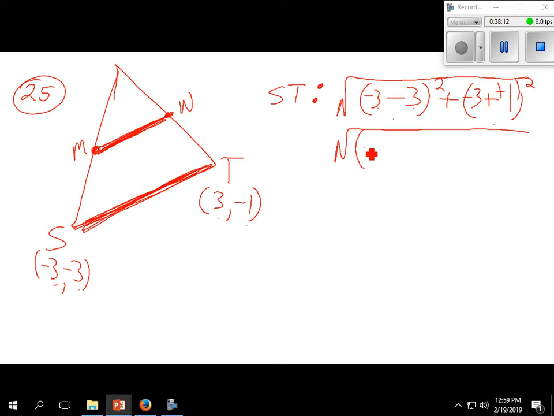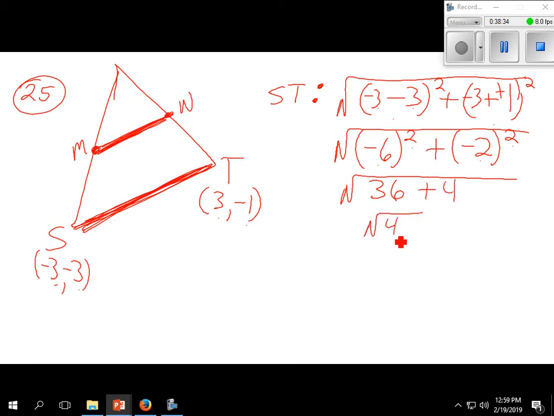-3 minus 3 is -6. And this is the work you should show me. When it says show your work, -3 plus 1 is -2. Don't let your calculator lie to you. -6 squared is a +36. -2 squared is a +4. Add those two together and you get 40. And we take the square root of 40.